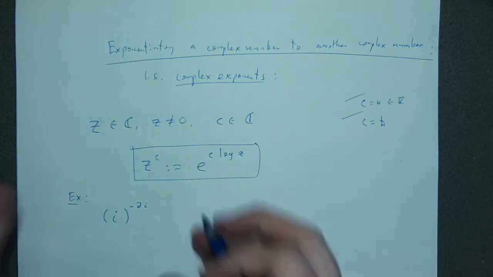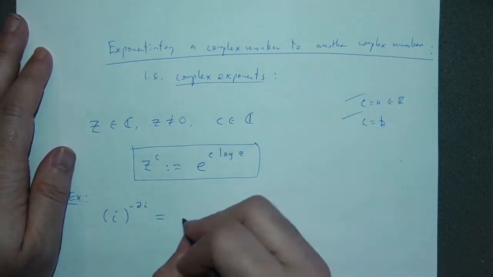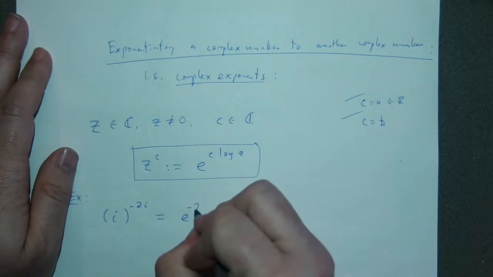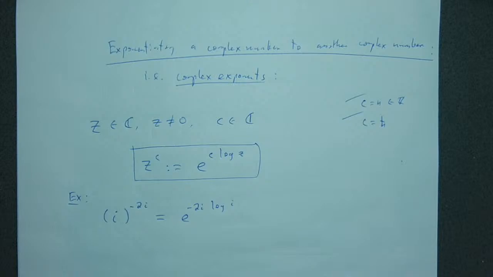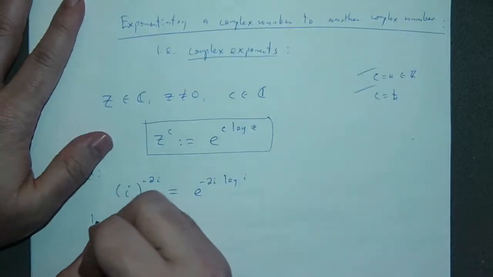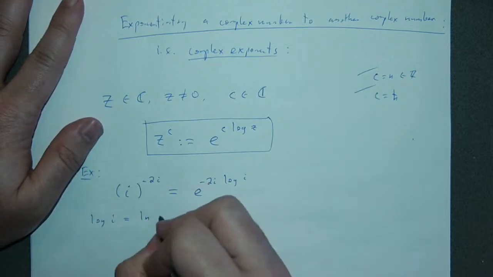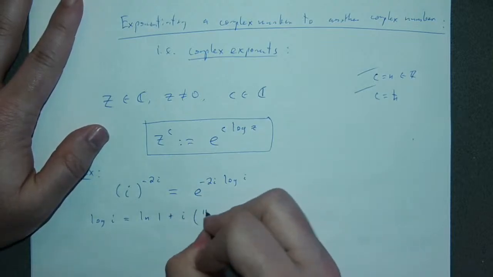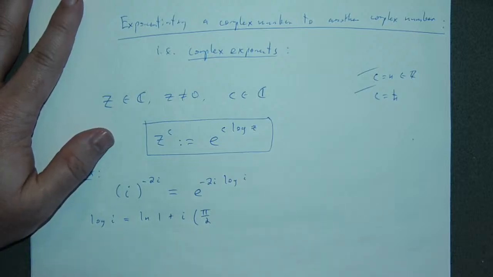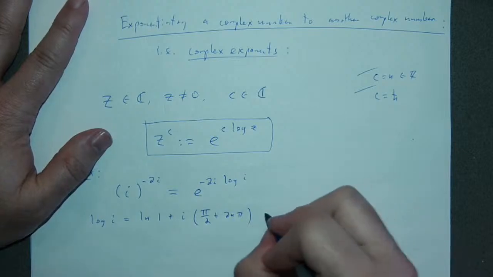Well, by definition, this would be e to the minus 2i times the log of i. Now, I need to compute what log of i is. So log i is the natural log of the modulus of i, which is 1, plus i times pi over 2, there's my principal value, plus 2n pi i.